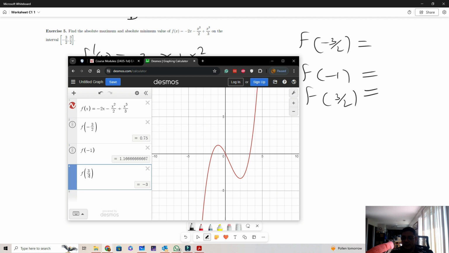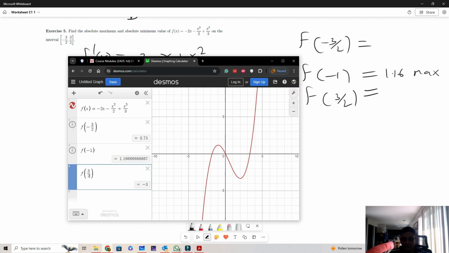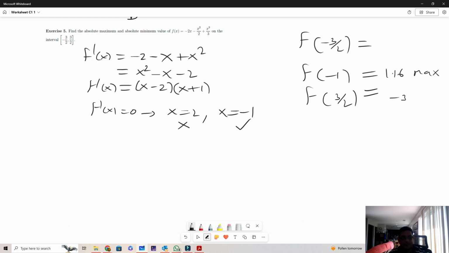So here you can see clearly who's the maximum. This is 1.16, and this is clearly going to be the maximum. The minimum though is going to be at 3/2 because it's a -3, and this is a 0.75. So this is the min.